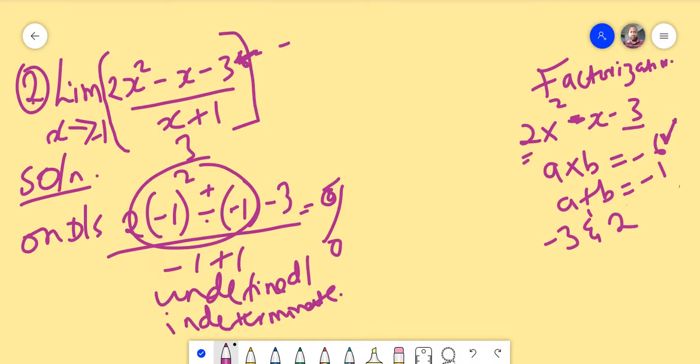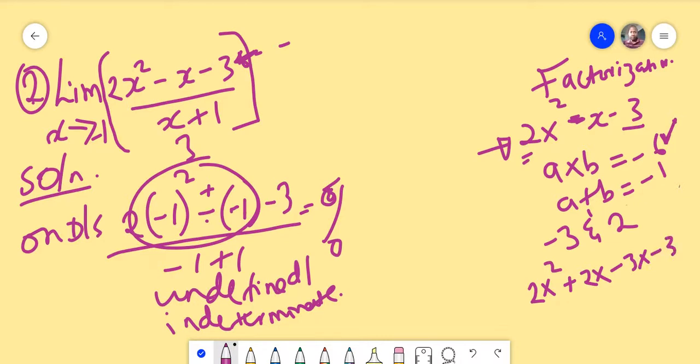That means we can rewrite this equation this way. It will be 2x squared plus 2x, minus 3x minus 3.